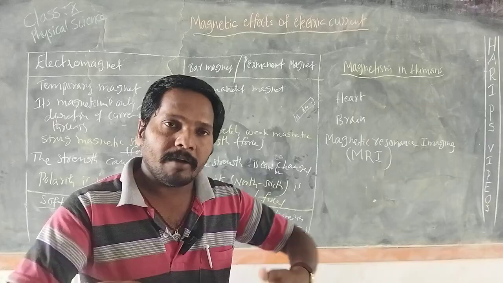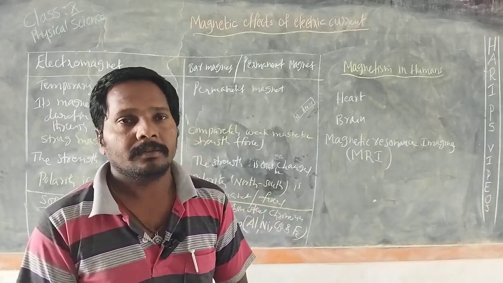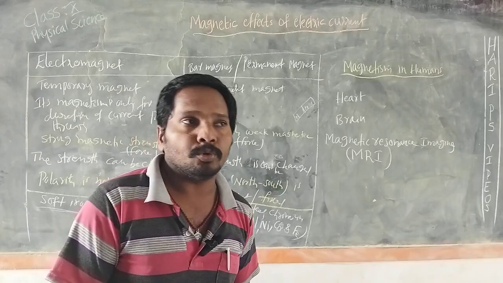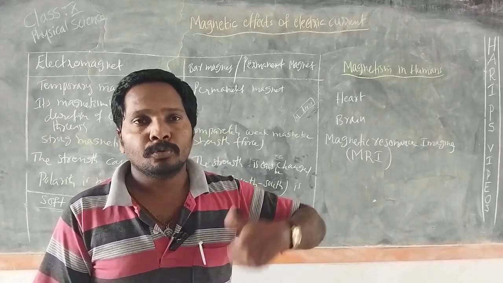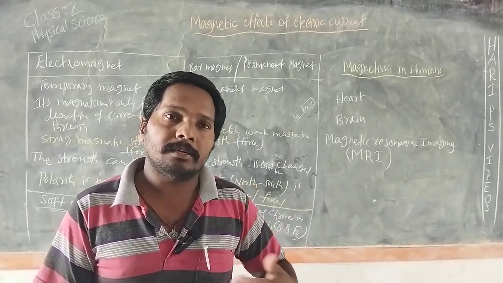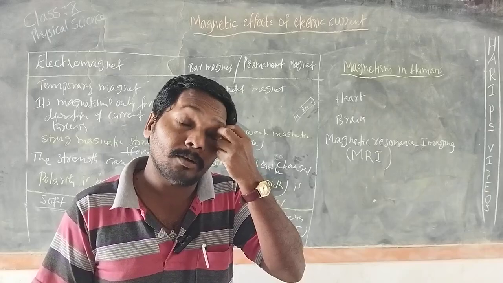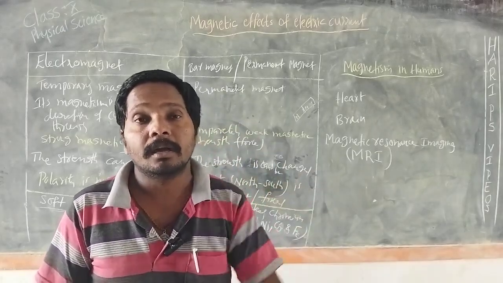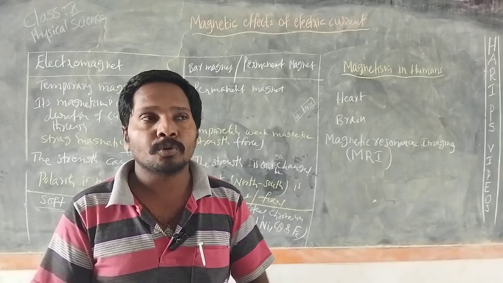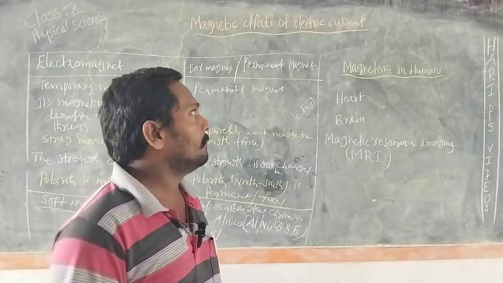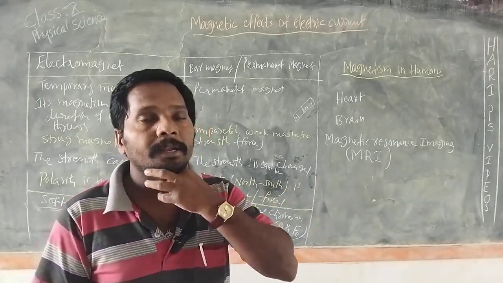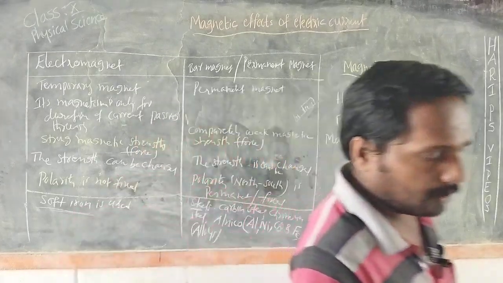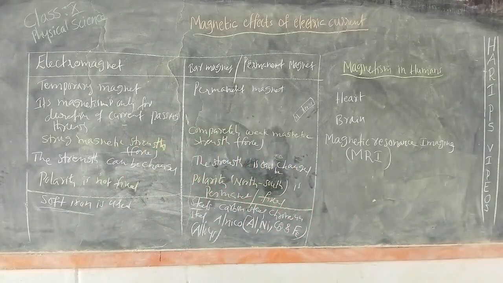Because of this, magnetic resonance imaging, MRI, is used in the medical field to study the internal parts of our body and to detect any cancerous tissues in our body. So in the medical field, magnetism is also useful. That's all.